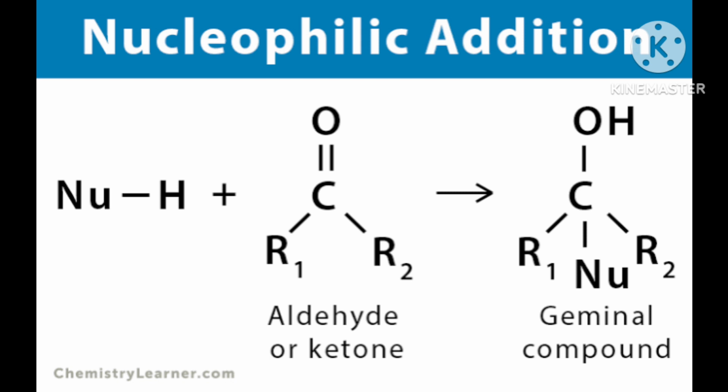Whenever the nucleophile attacks the carbon C plus, which is sp2 hybridized, that carbon will become sp3, because it will form 4 single bonds. Correct? That's why after the nucleophile attacks, carbon converts from sp2 to sp3.